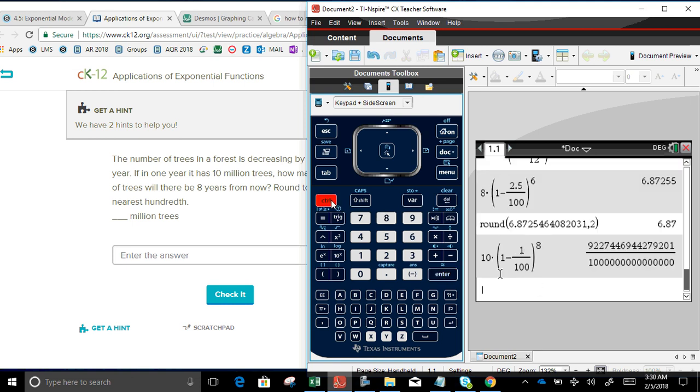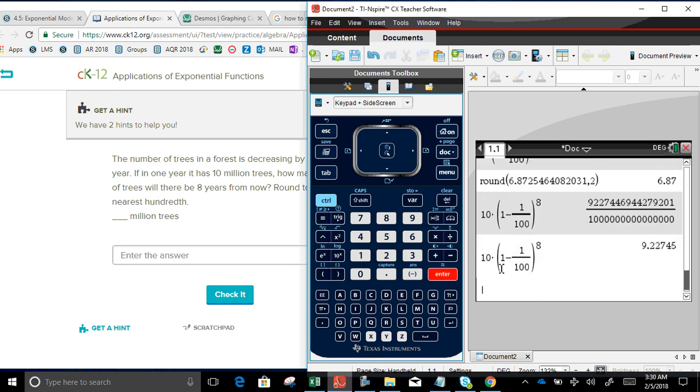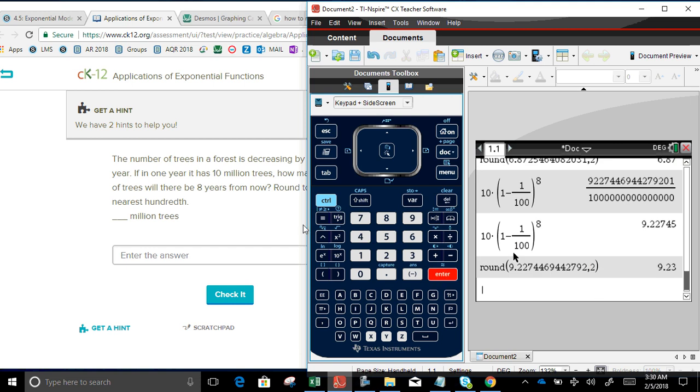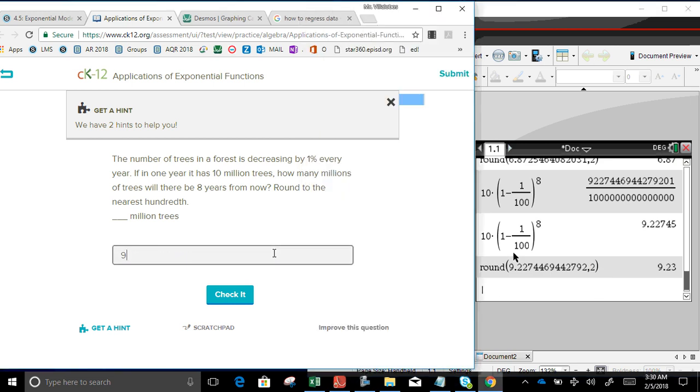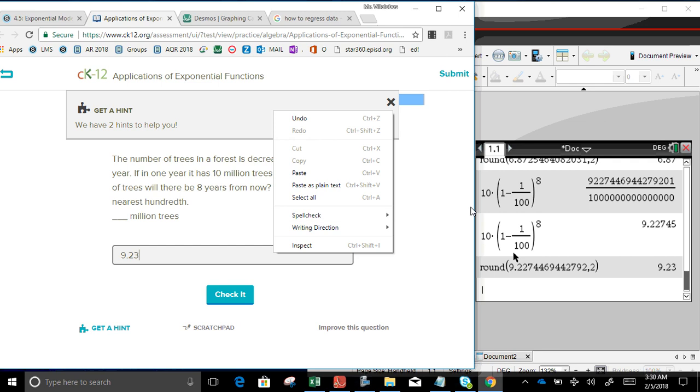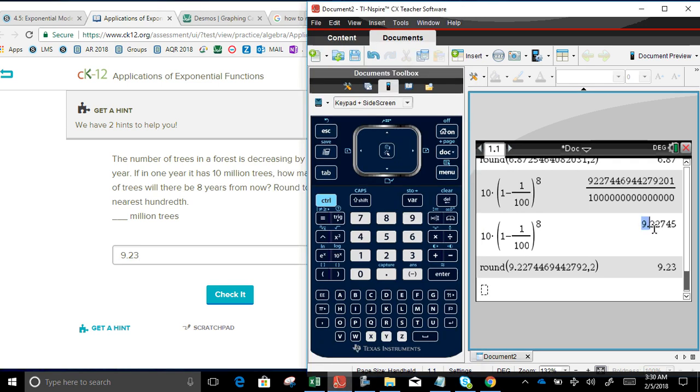And it didn't put a decimal in that calculation, so we control enter that. 9.22 to the nearest hundredth. Round that to 2 decimal places. 9.23. Again, because you look here, see that that 7 right there is greater than 5, so make that a 3.